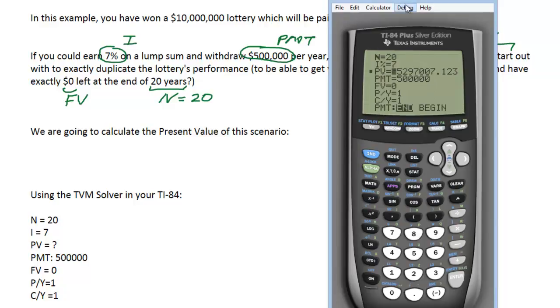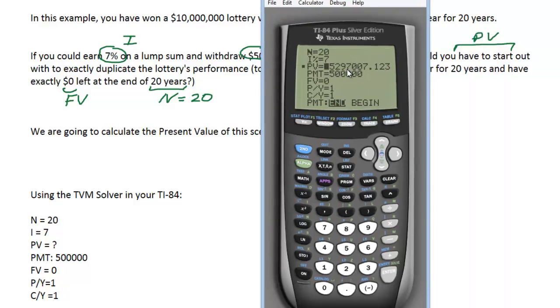Okay, so we found that our present value is $5,297,007 and about 12 cents. So what does that mean? Well, that means that we're going to need right now to be able to invest $5,297,007.12 in order to be able to duplicate what the lottery is offering you.